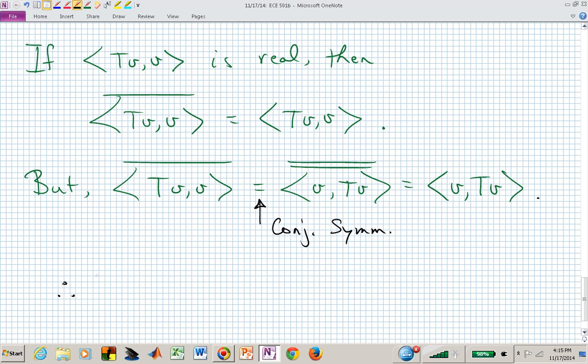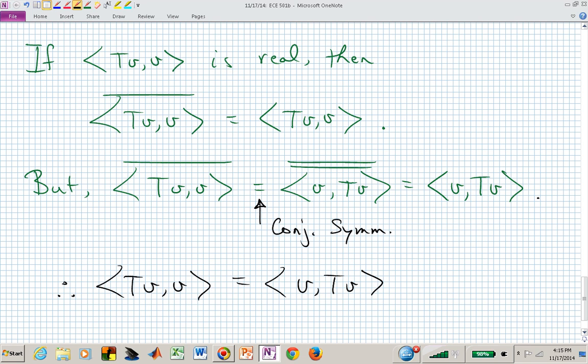Therefore, ⟨TV, V⟩ is equal to ⟨V, TV⟩, since ⟨TV, V⟩ up above on the right in the second row is equal to the complex conjugate of ⟨TV, V⟩, but the complex conjugate of ⟨TV, V⟩ is equal to ⟨V, TV⟩. So ⟨TV, V⟩ is equal to ⟨V, TV⟩.